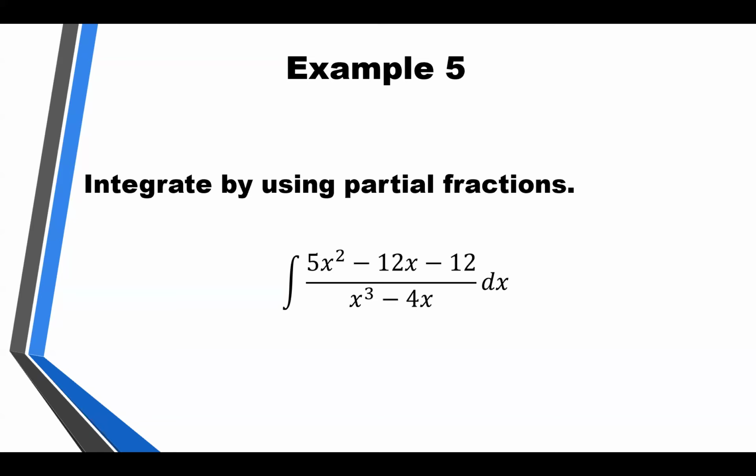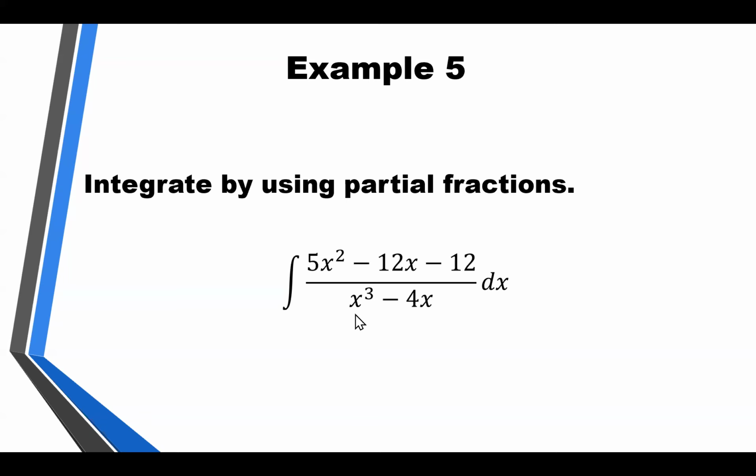In example 3 and example 4, we were factoring a quadratic. In example 5, we have a cubic in the denominator. Our denominator is x to the third minus 4x, and our numerator is still of degree smaller than our denominator, so there's no division necessary.